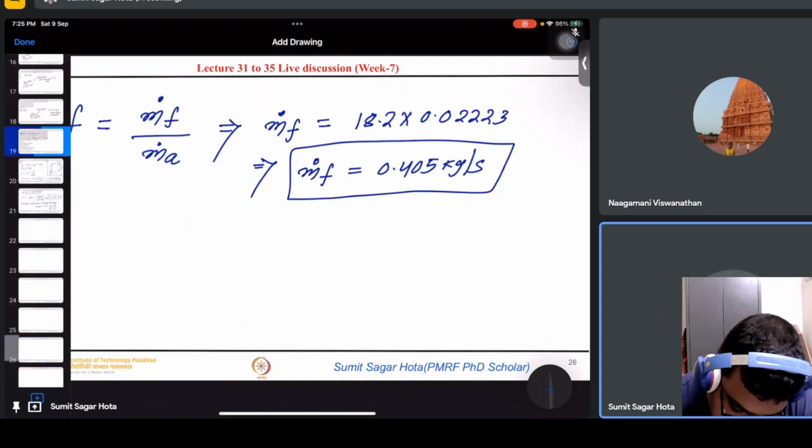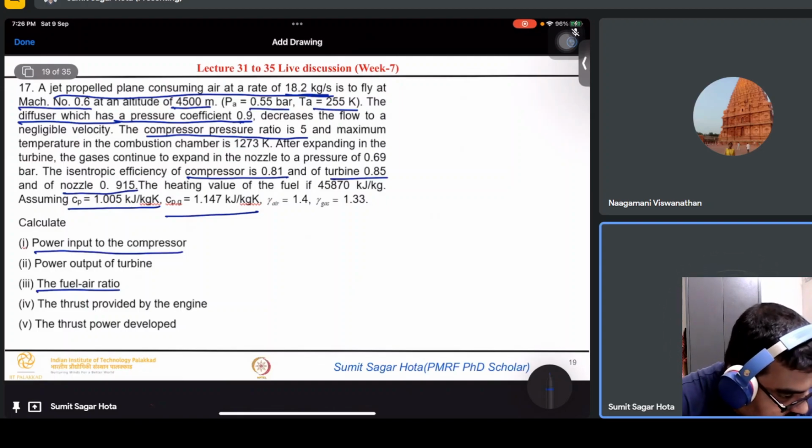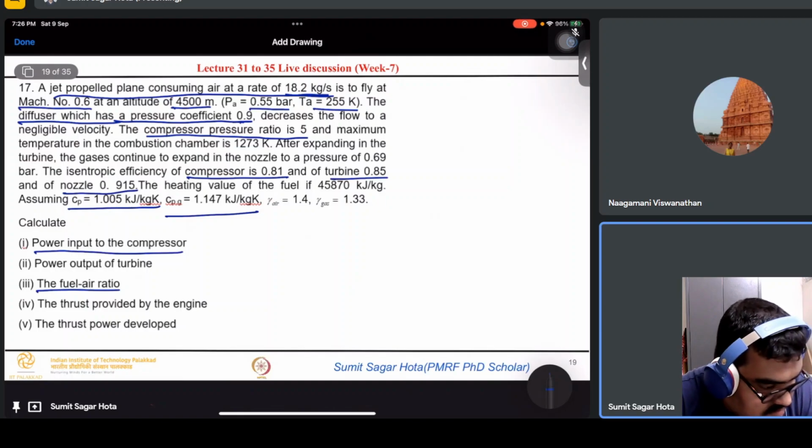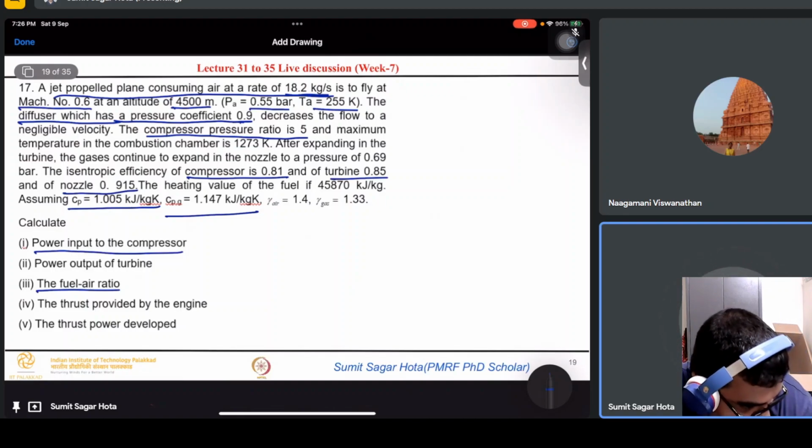Is anything else given? I just see. What about the turbine? Is anything given or not? We see the heating value of the fuel is given, temperature is also given.